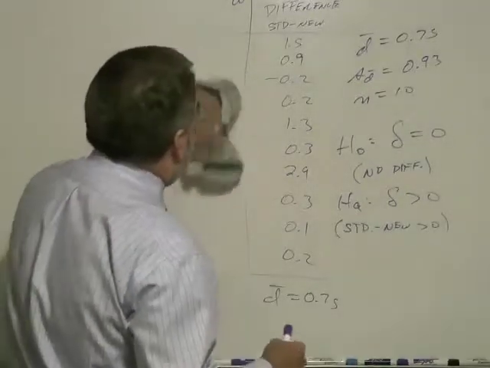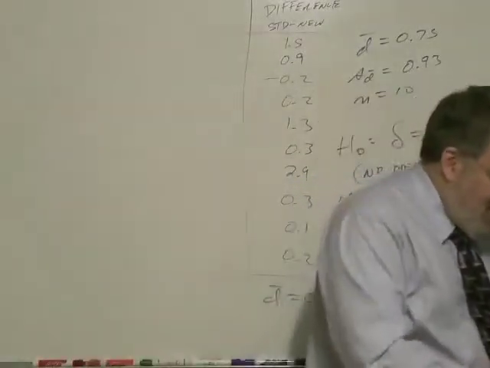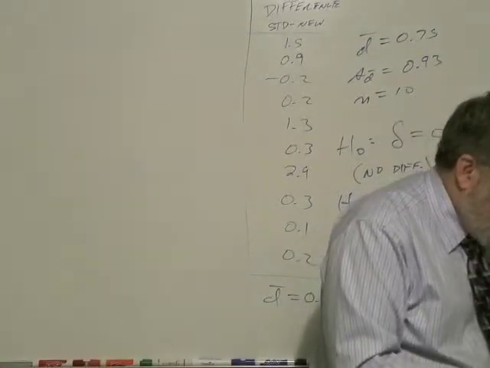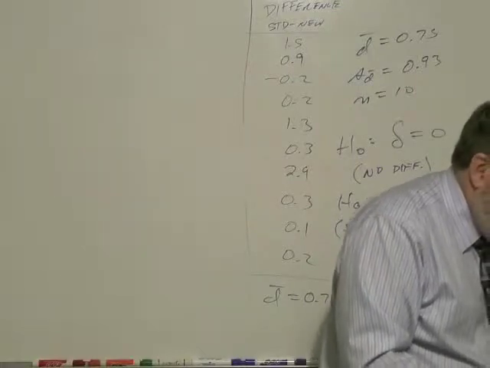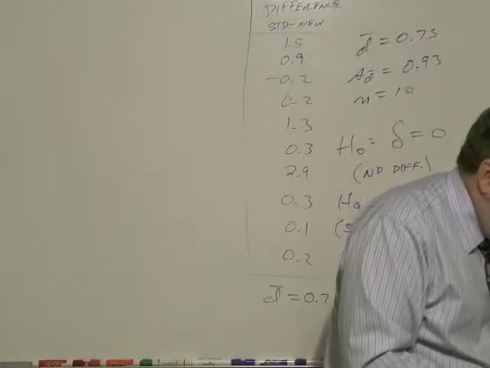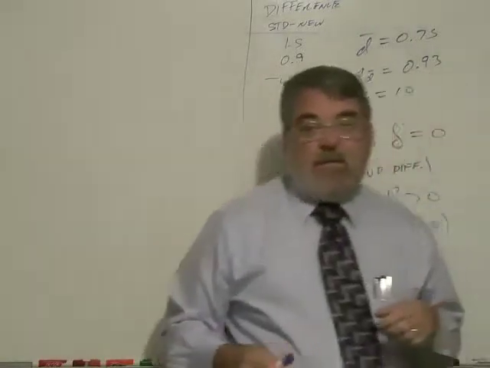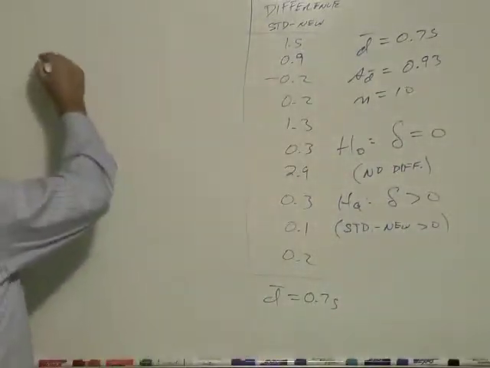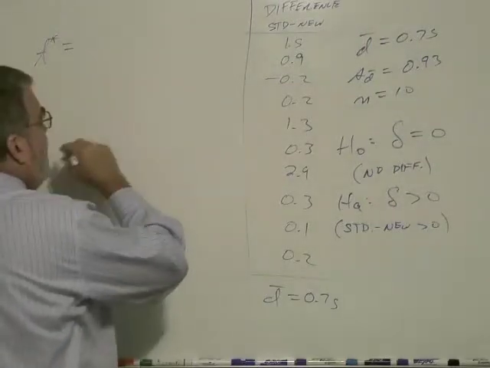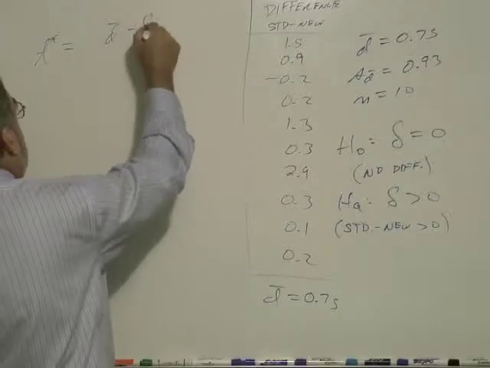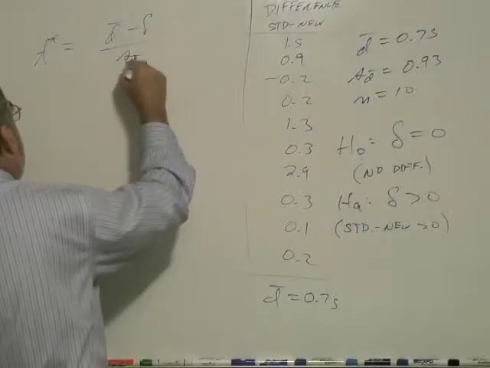This is testing a single mean, and happily it's a shorter calculation than testing two means. We still have to go back to chapter 7. It's a chapter 7 calculation. Let's see, page 294 maybe? Yes, page 294, testing a single mean. The t-score that we calculate, you might write it this way as d bar minus delta over s d bar divided by the square root of n.